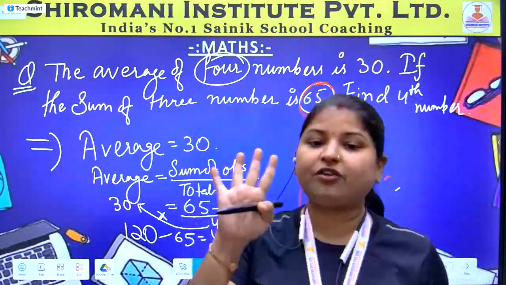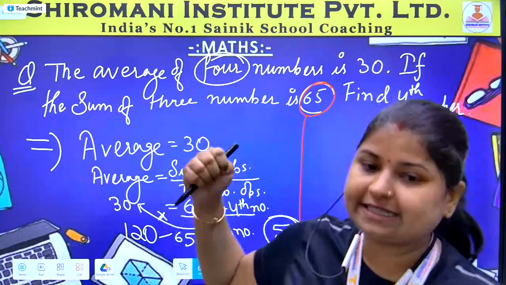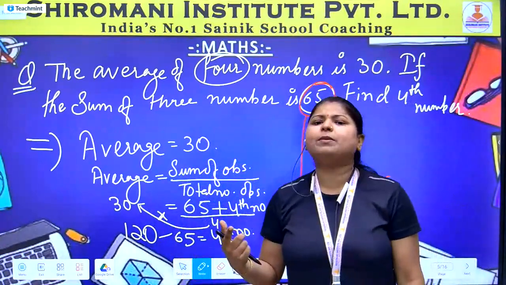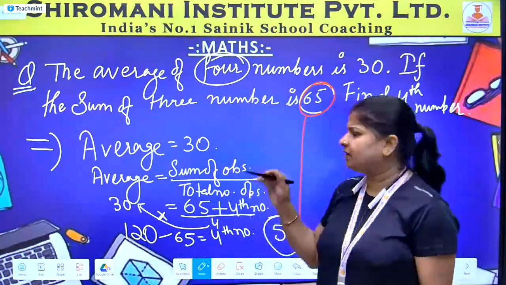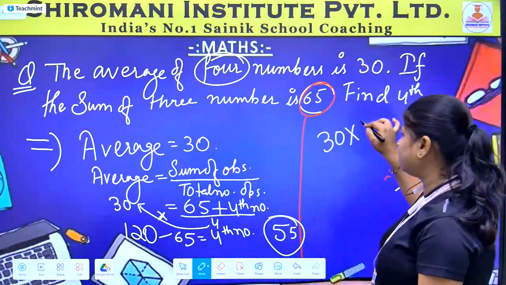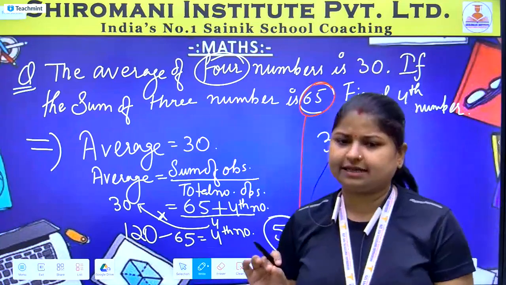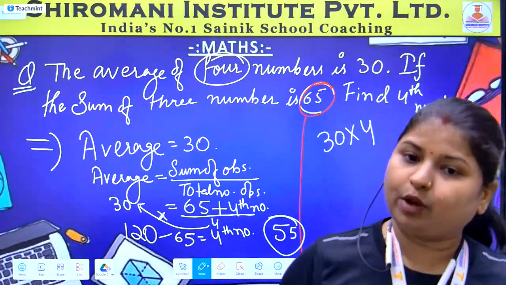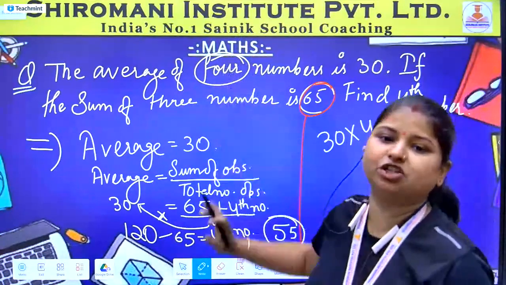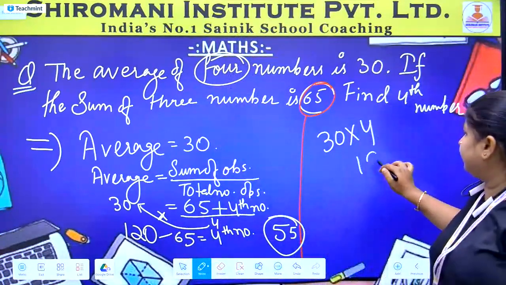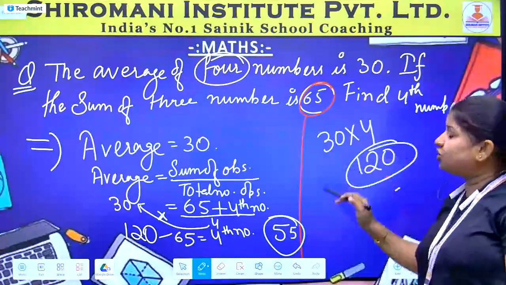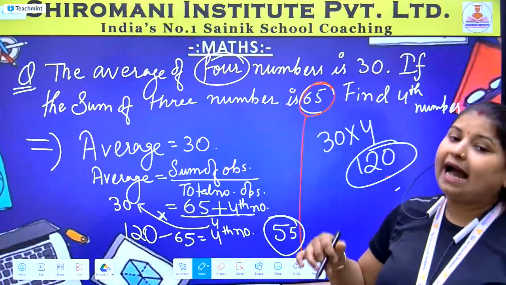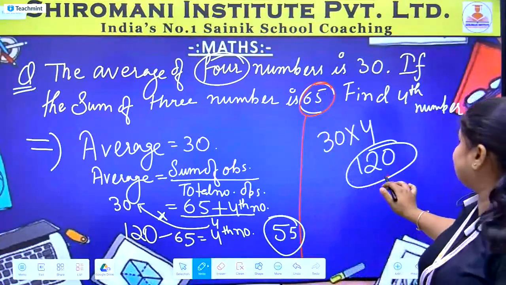The average of 4 numbers is 30. If the average is 30, the total value will be 30 into 4, because the number of observations is 4. That is 120. The total value should have been 120, but the value given is only 65.